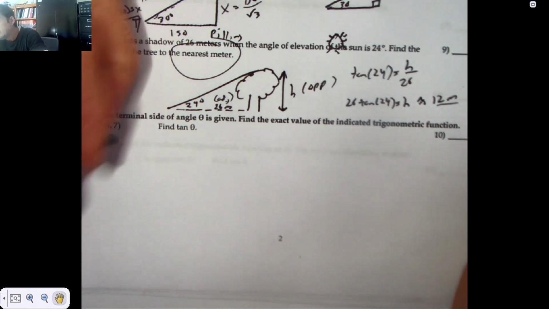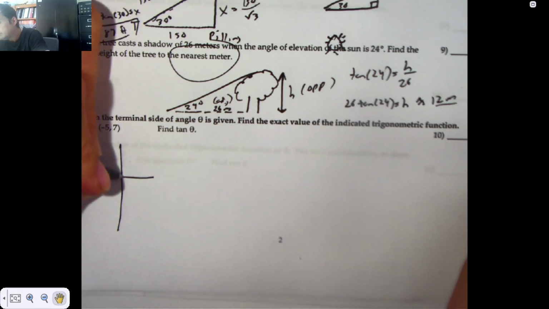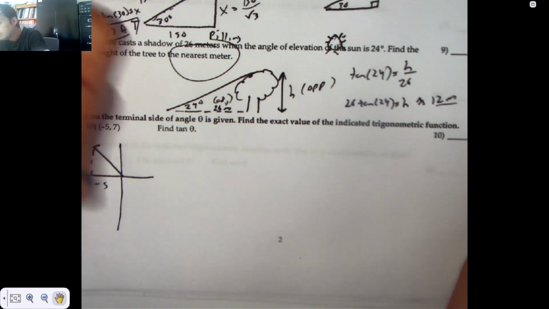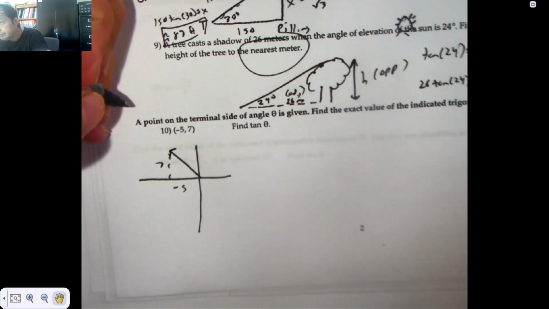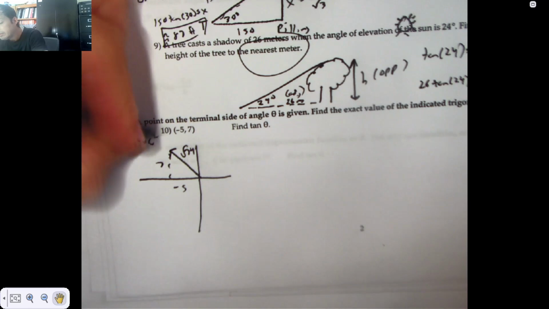One, I'm going to draw a triangle. Back 5, up 7. Do a little Pythagorean theorem. That's 25, that's 49. This would be root 74. That was 5 squared plus 7 squared equals c squared, okay?